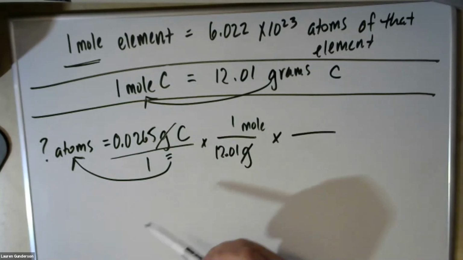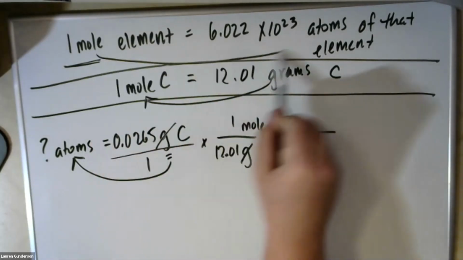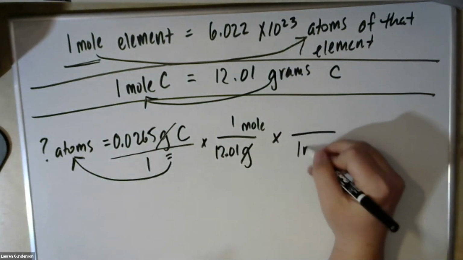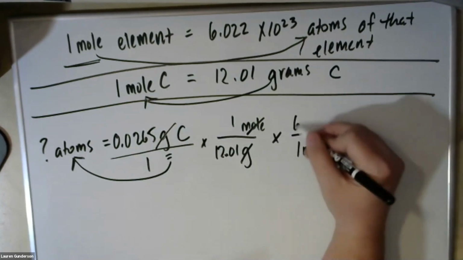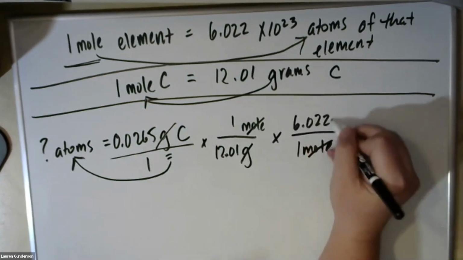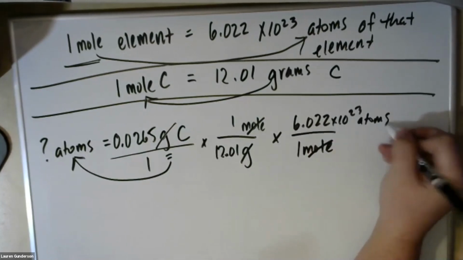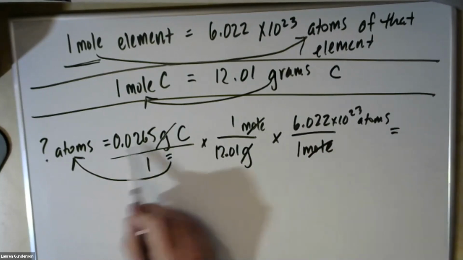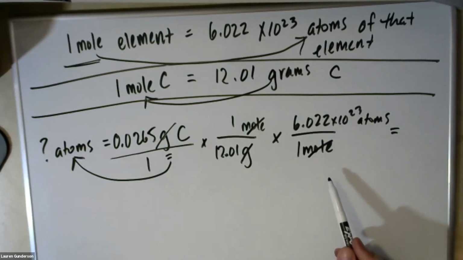Now I want to convert into atoms. Well, now that I'm in moles, I can convert into atoms. In every 1 mole, which will cancel out now, there is 6.022 times 10 to the 23 atoms. So what we end up doing mathematically here is multiplying everything that's on the top of the fraction bar and dividing by everything that's on the bottom of the fraction bar.